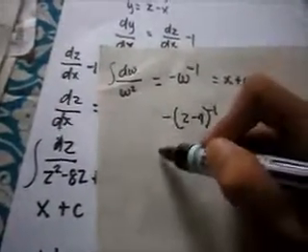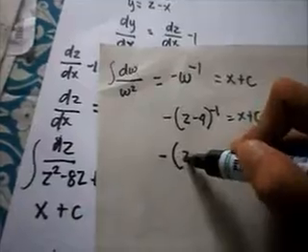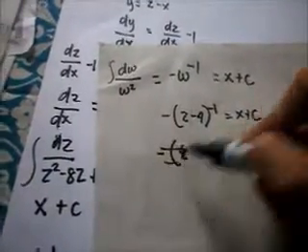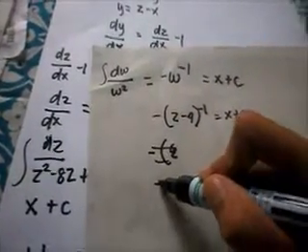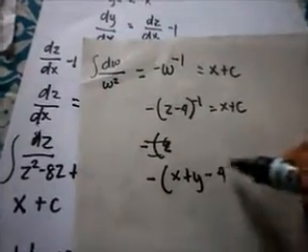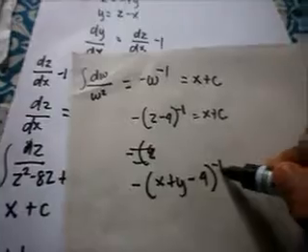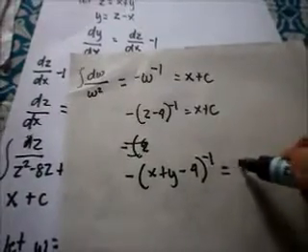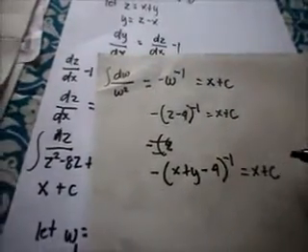And our z is just equal to negative x plus y, so negative x plus y minus 4 to the negative 1 is equal to x plus c.